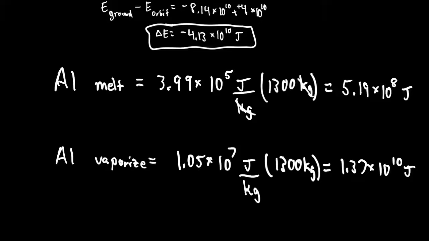Is there a significant energy difference? Do we have a large margin of error? How much extra energy do we have? We could vaporize this how many times over? About 3 times over. So we got plenty of energy.